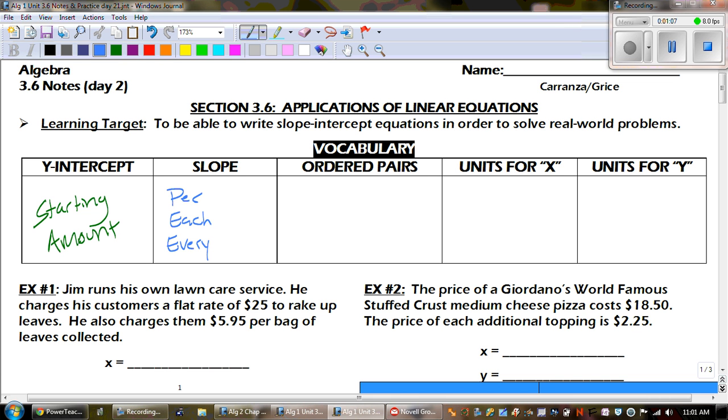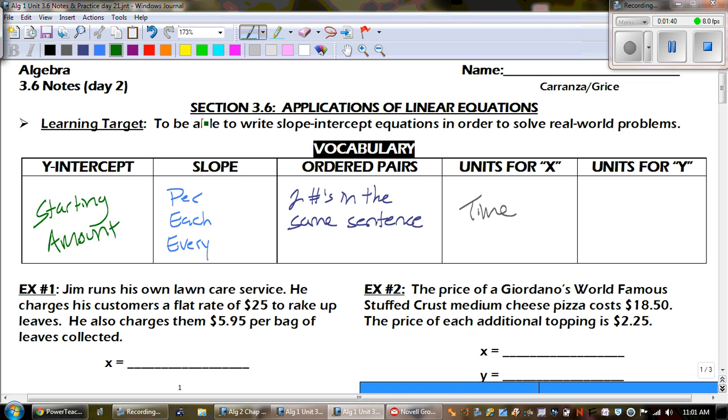Now, ordered pairs. Anytime that you see two numbers in the same sentence, that's an ordered pair. Now, our unit for X, the one that you're going to be seeing a lot today, is going to be time.